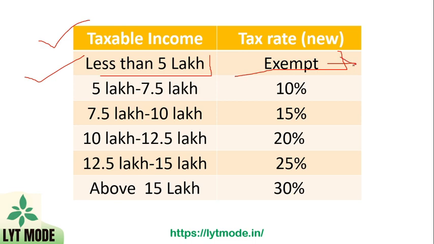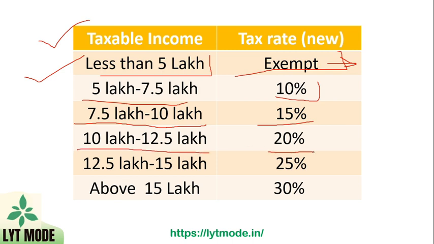For 5 lakh to 7.5 lakh the rate will be 10%. Earlier this was 20%. For 7.5 lakh to 10 lakh the rate will be 15%. Earlier it was 20%.